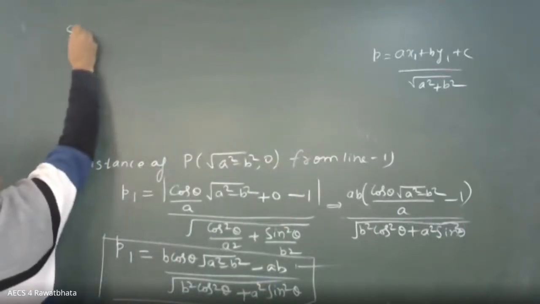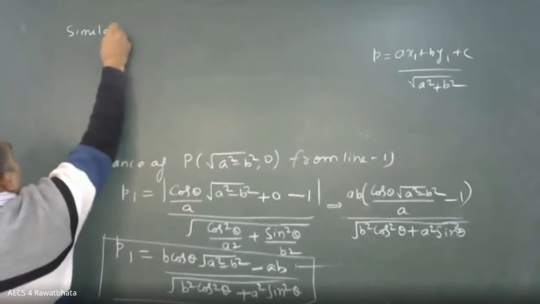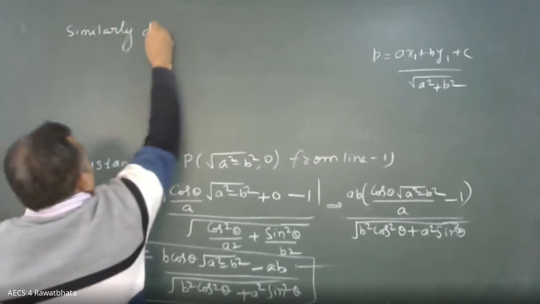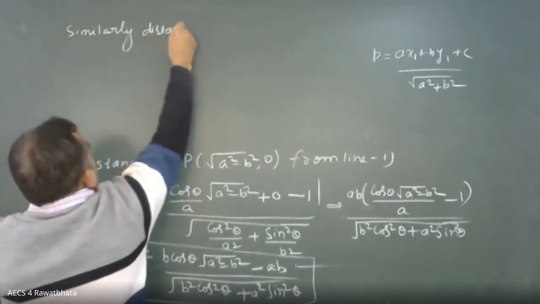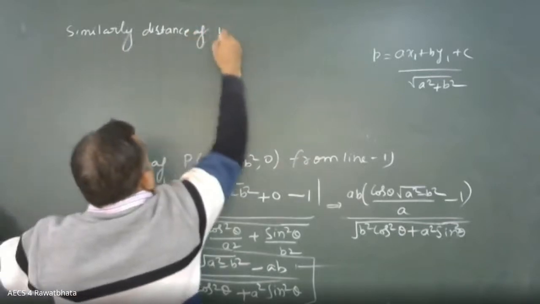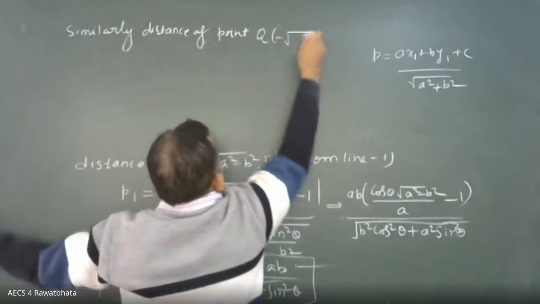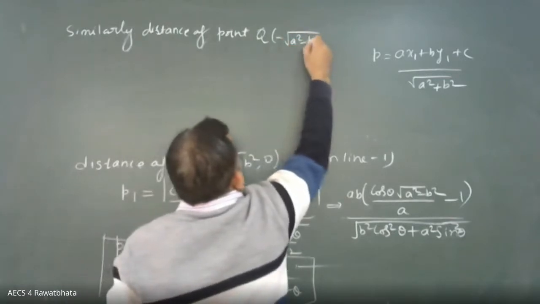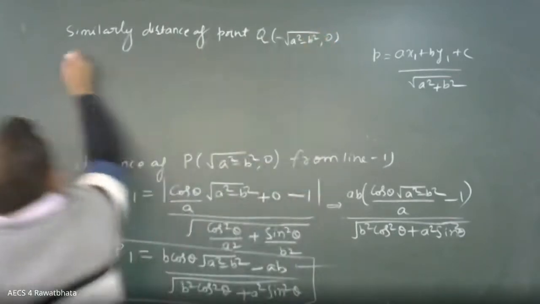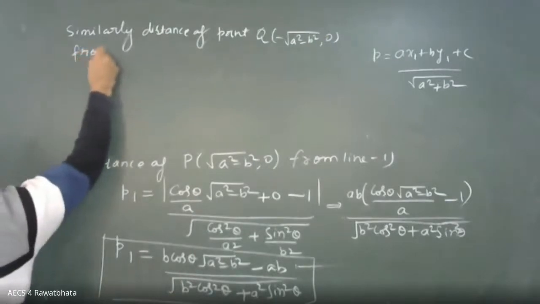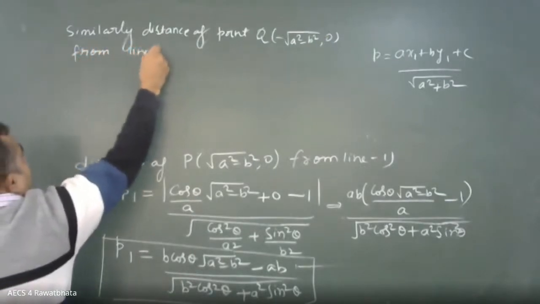Similarly, the distance of point Q, whose coordinates are root of a square minus b square comma 0, from line 1.